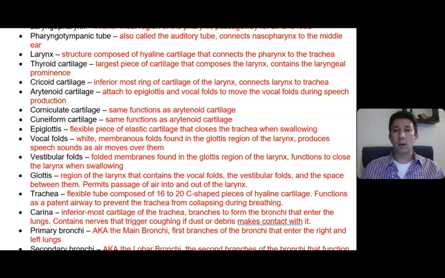The arytenoid, corniculate, and cuneiform cartilage all function to attach to the epiglottis as well as the vocal folds, and they are involved in helping to move and support the vocal folds as air passes over them so that the vocal folds can produce speech sounds. So you'll see that the arytenoid, corniculate, and cuneiform cartilages have overall the same functions.